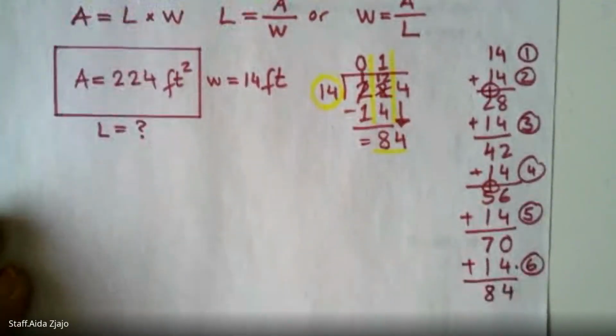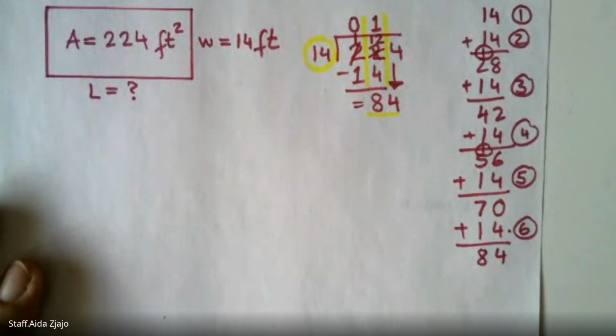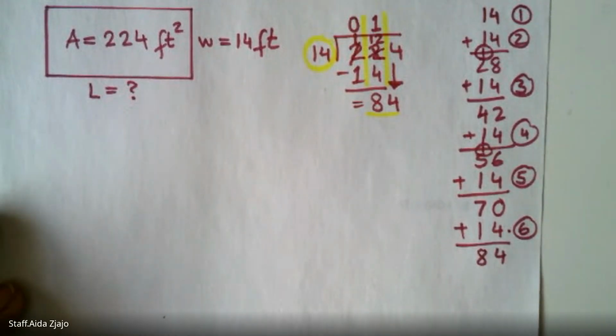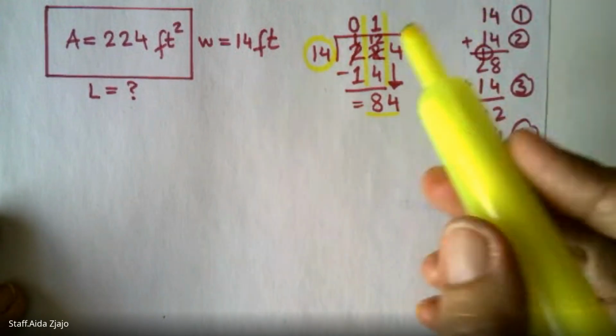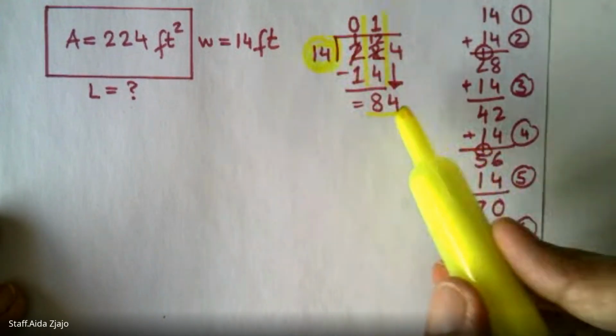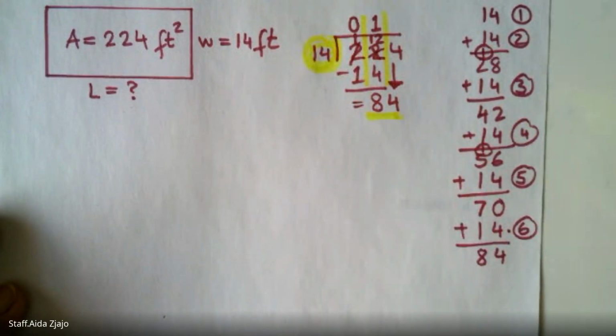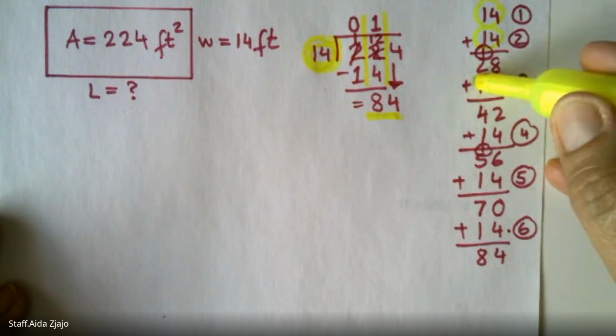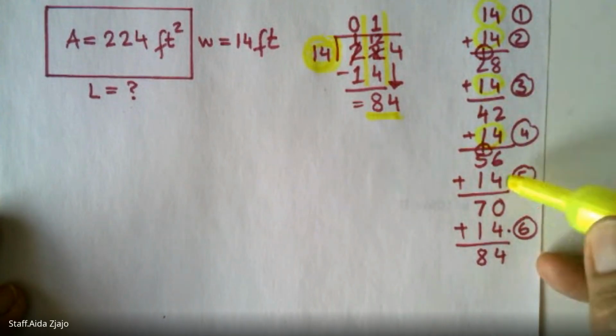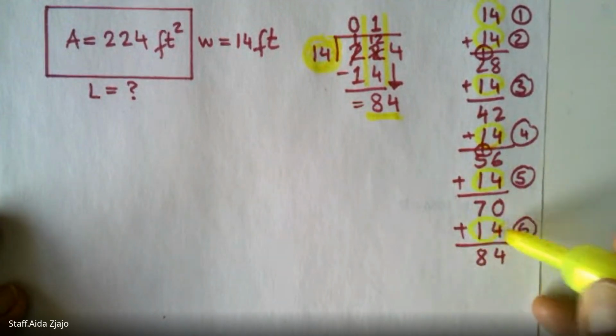Okay, so if I start adding, you ask yourself, how many 14s are in 84? There is 1 group, 2 groups, 3 groups, 4 groups, 5 groups, 6 groups.